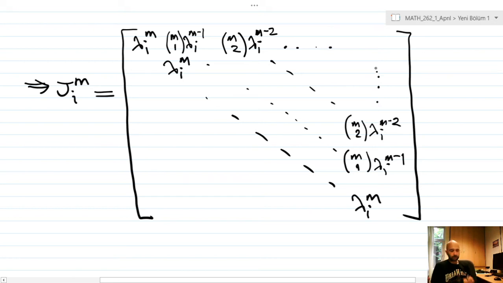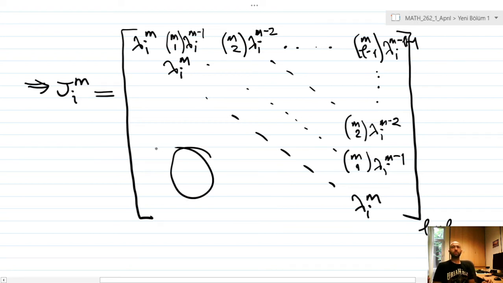If this is L by L, then the last thing that you write would be M choose L minus 1 times lambda_I to the M minus L plus 1. Sorry that this didn't fit here. And you have zeros all the way down, so it's an upper triangular matrix.